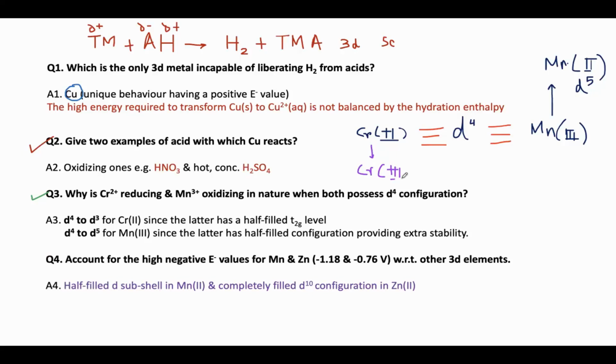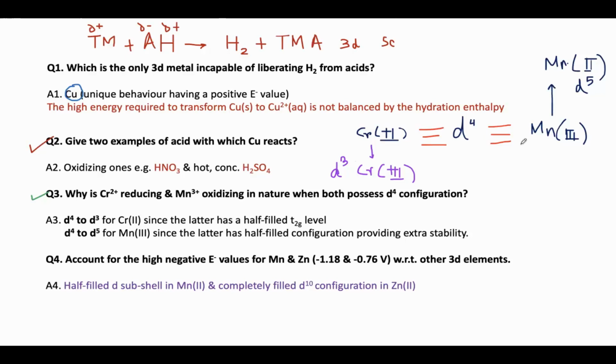So it releases one electron. That's why it is the reducing agent. Its configuration becomes d3. So from the same starting point, it wants to lose one electron, but manganese 3 wants to accept one electron, giving d5.